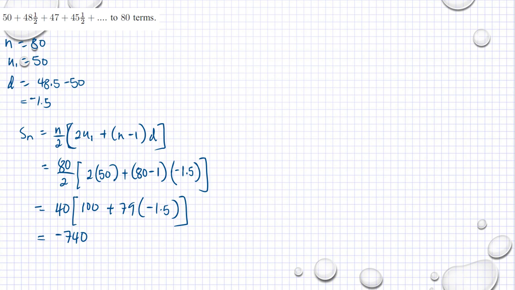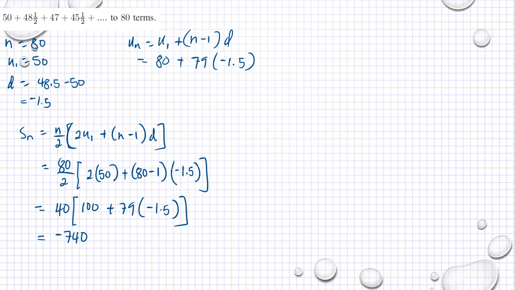That's the sum, because it will go down, then we will get negatives later. If you want to know the u sub n, it's u sub 1 plus n minus 1 times d. Then we have 80 plus 79 multiplied by negative 1.5, so that you can see why it is negative 740.